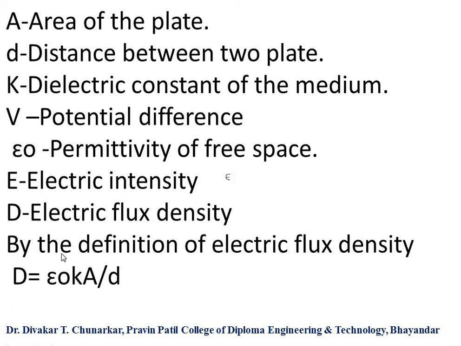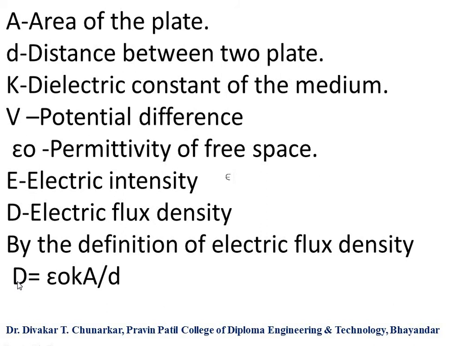And here important are the full forms of these parameters: d is the distance between two plates, K is the dielectric constant, epsilon 0 is the permittivity of free space, A is the area, and D the electric flux density. We have to use all these parameters.